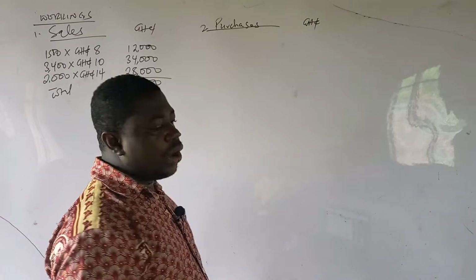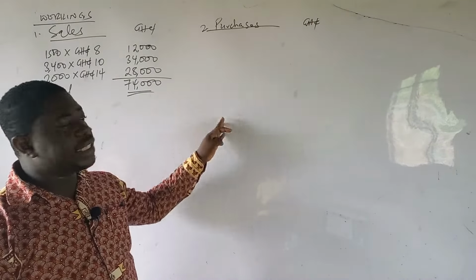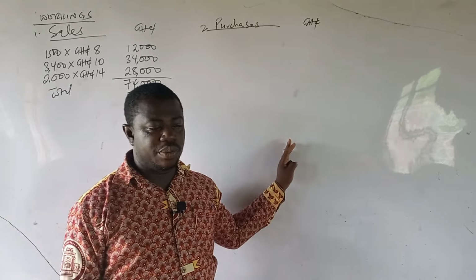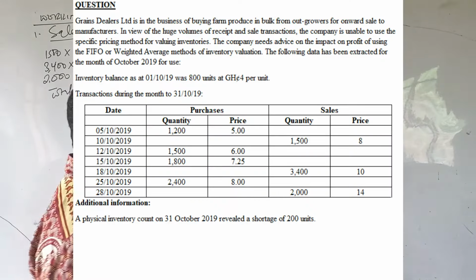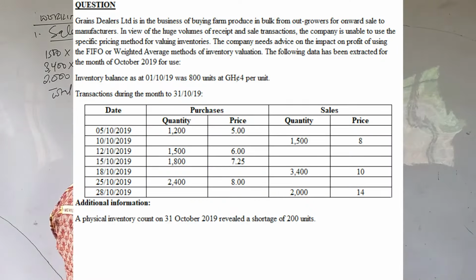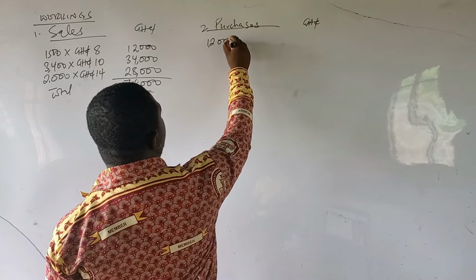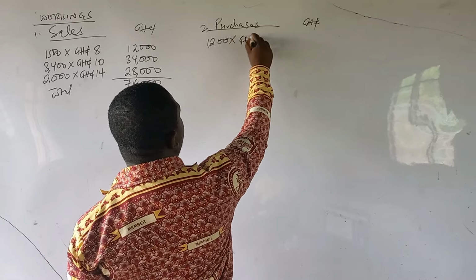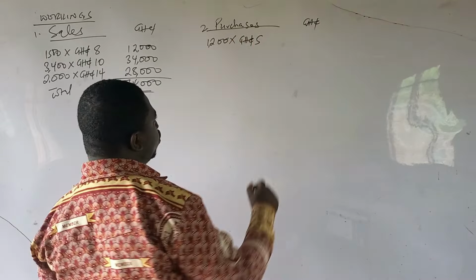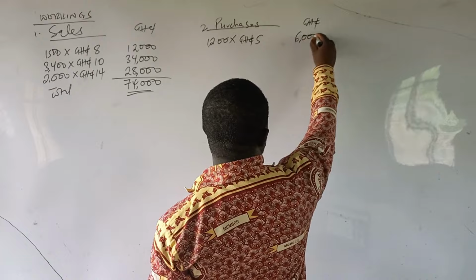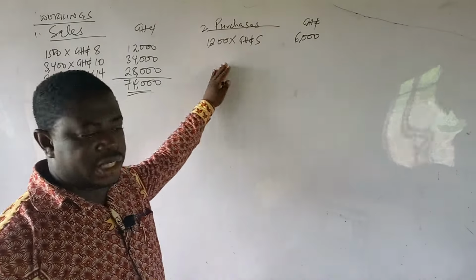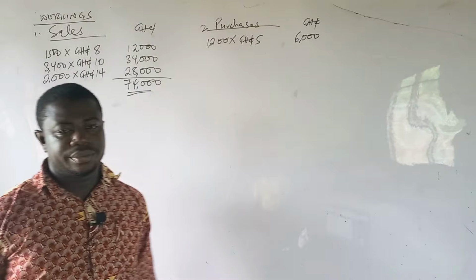The same way, we are going to multiply the quantities purchased by the prices at which we bought them. And so we bought 1,200 units at a price of 5 cedis, and that is going to be 6,000 Ghana cedis. Actually, we even got these from the work we did.